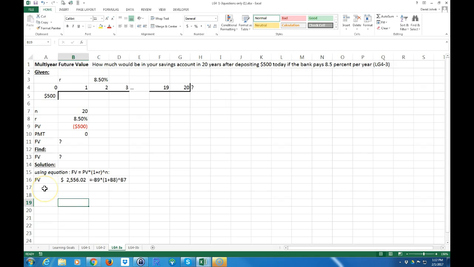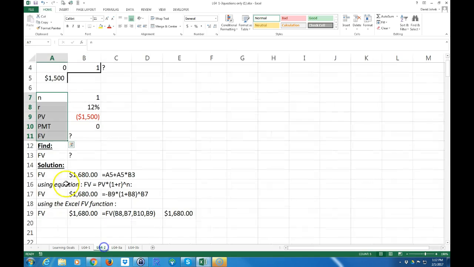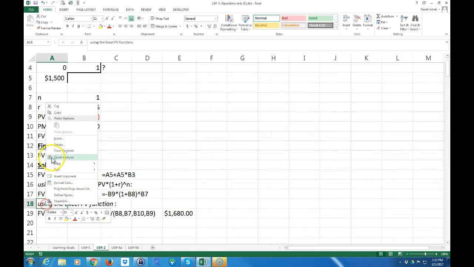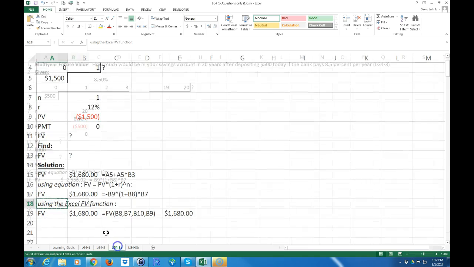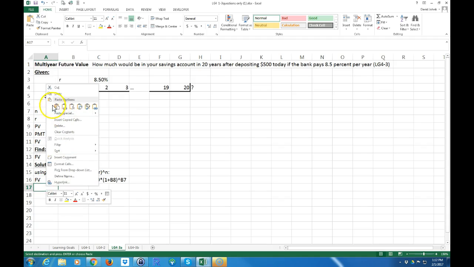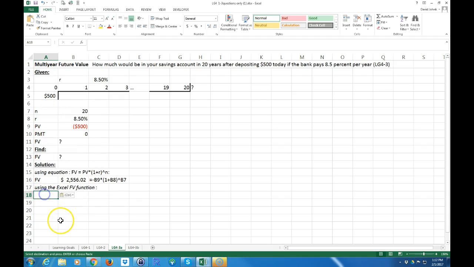We could also do it using the Excel function. Okay, so the Excel function would be equals FV parentheses. Now if I wanted to bring up the argument box, I can use this little thing here. See how it's bold again, and I can use that.